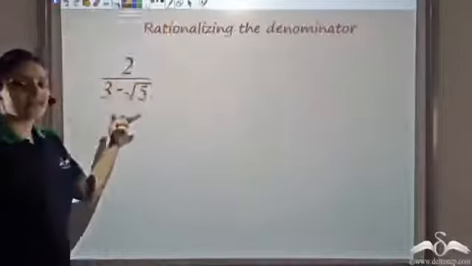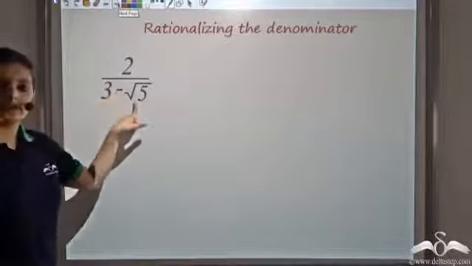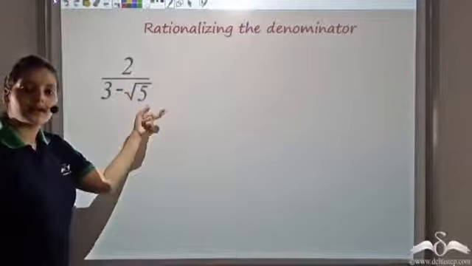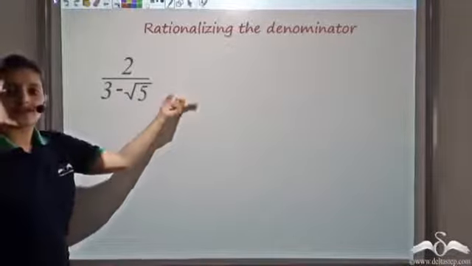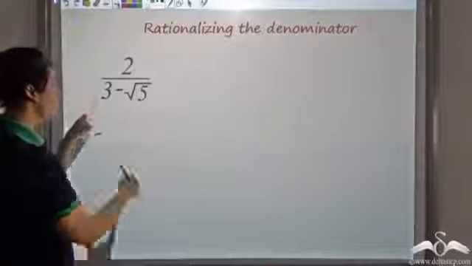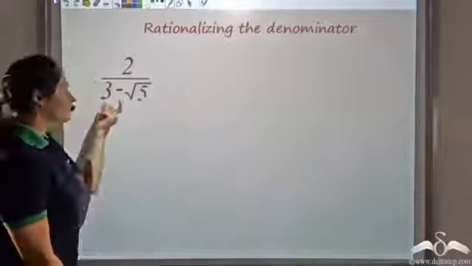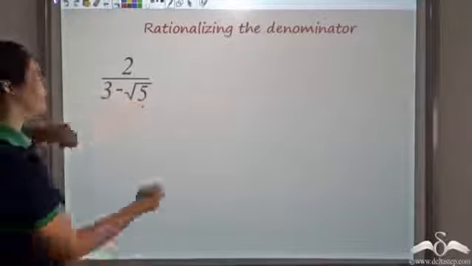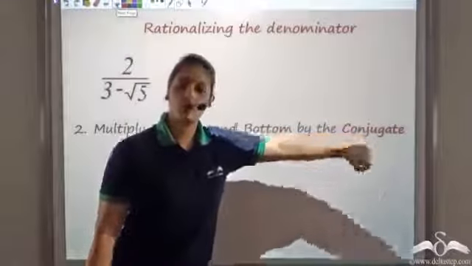Now, how would I rationalize the denominator in this case? I see 3 minus root 5. Would multiplying both numerator and denominator by under root 5 help here? 3 minus under root 5 times under root 5 would not help. It does not give me a rational number. When you have two terms, we multiply both top and bottom by the conjugate. What does conjugate mean?